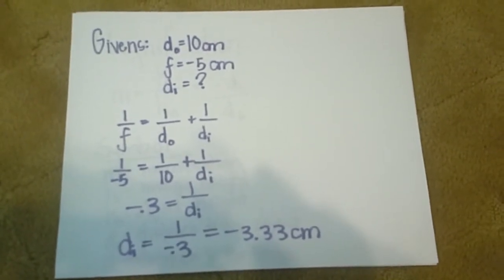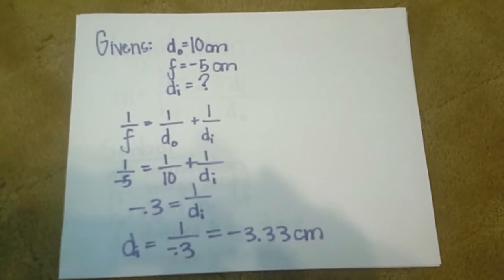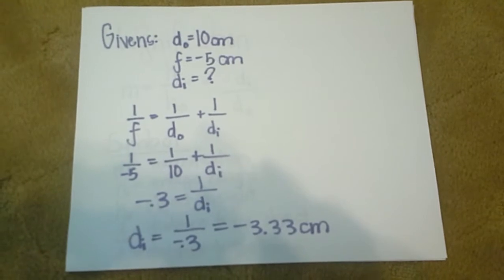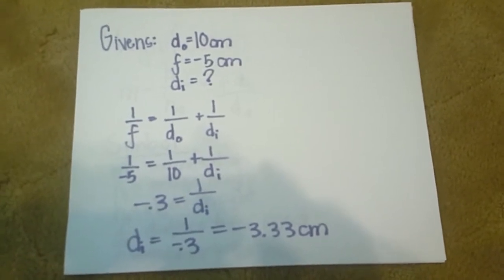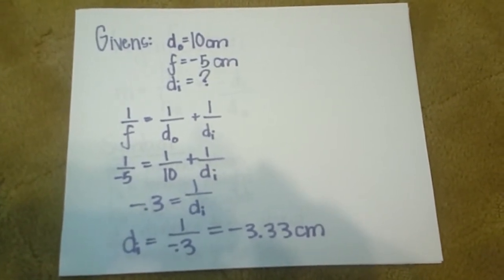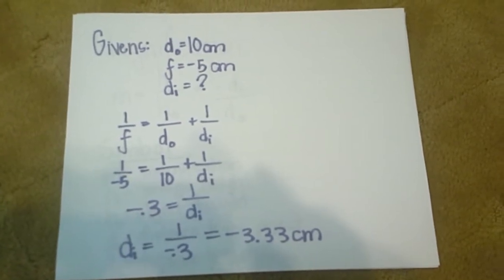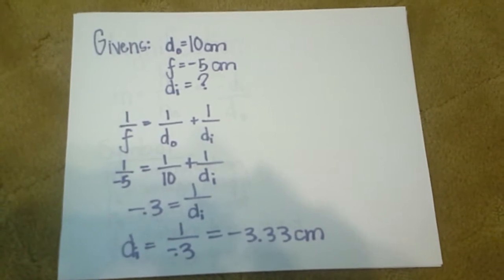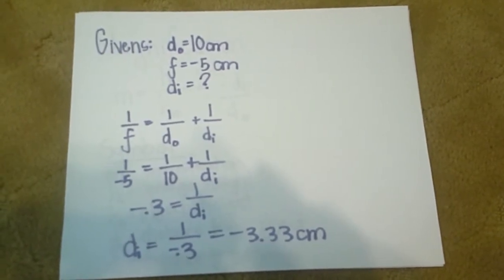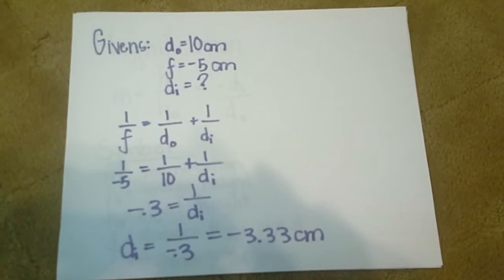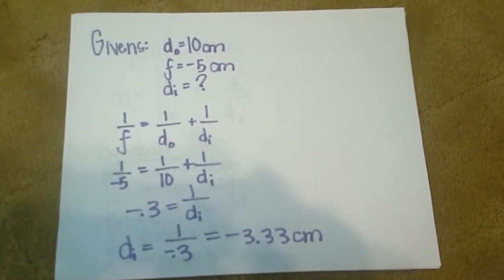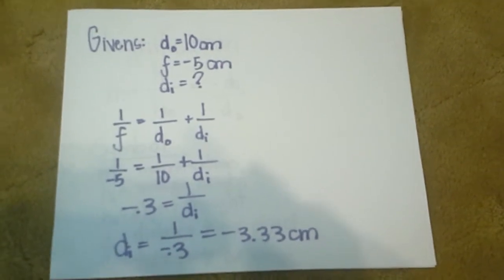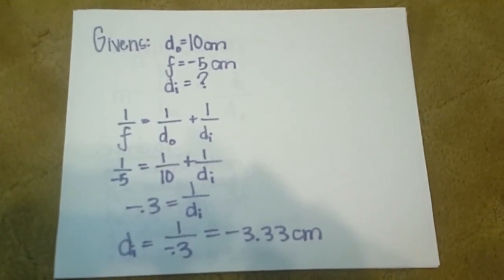So we plug in 10 for do and -5 for f in the mirror equation, and we get 1/-5 equals 1/10 plus 1/di. Subtract 1/10 from both sides, and you get -0.3 equals 1/di. You can just switch -0.3 and di to get di equals 1/-0.3, which is -3.333 centimeters. There is no specific unit you use. Because we were given centimeters in the problem, we'll use centimeters.